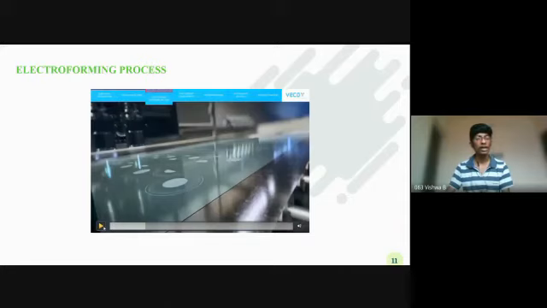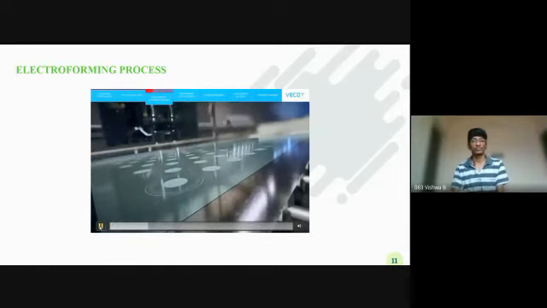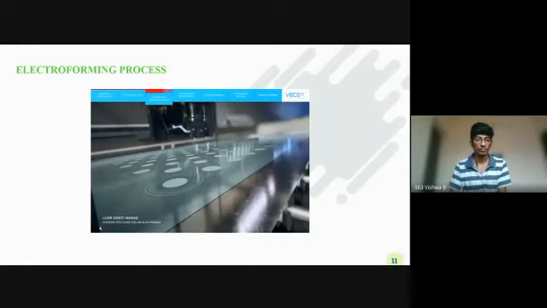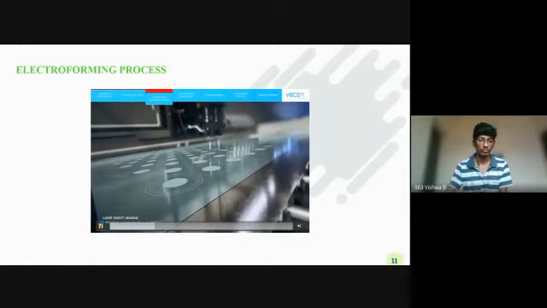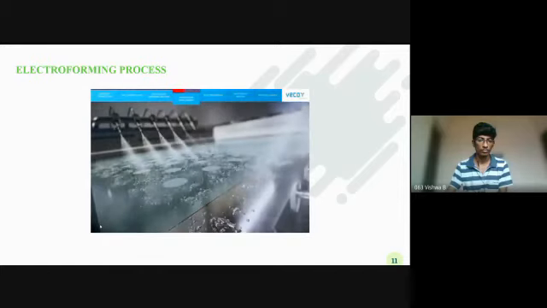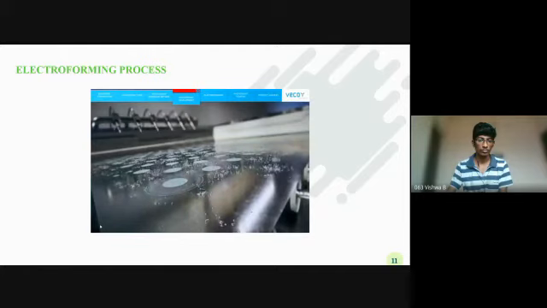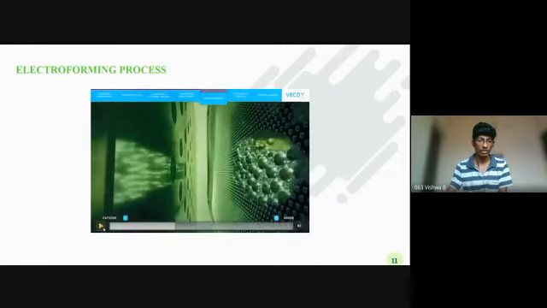The ultraviolet light is being imprinted on the surface. After applying the ultraviolet light, it is being dipped in the electrolytic bath.